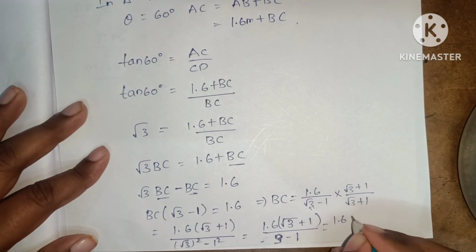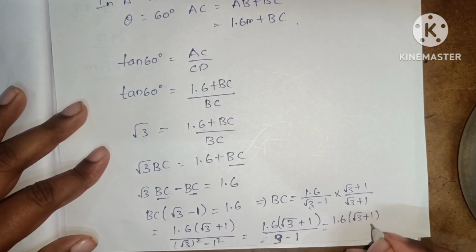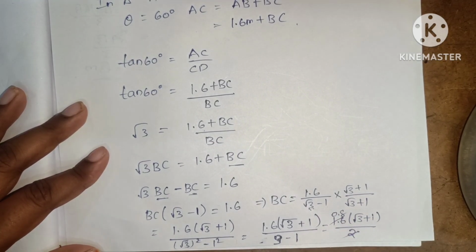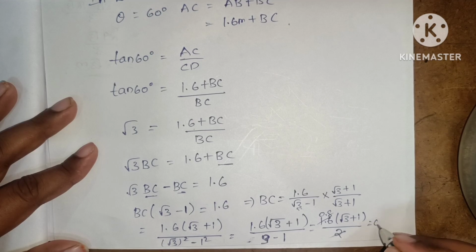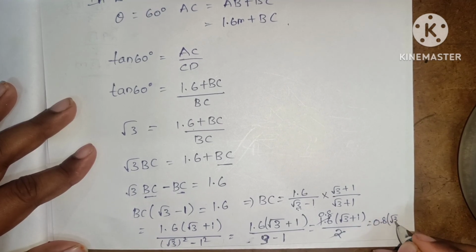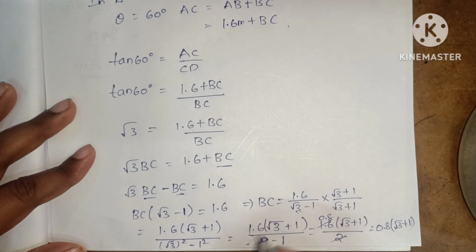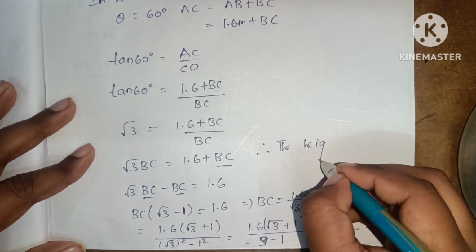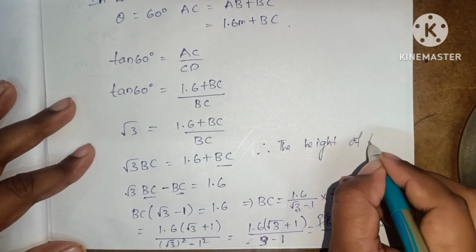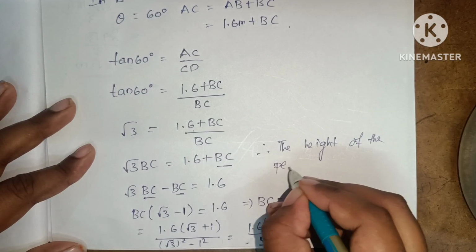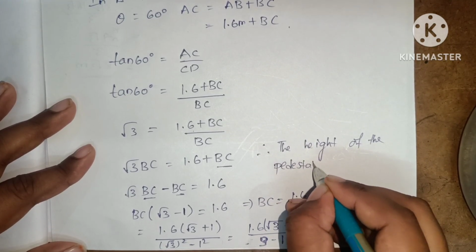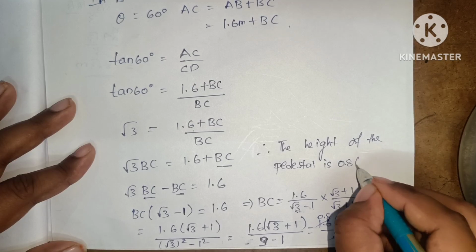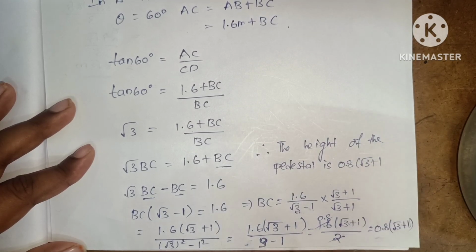That means 1.6 into (root 3 plus 1) by 2. 2 in 1.6 goes 0.8 times. So the answer is 0.8 into (root 3 plus 1). So the height of the pedestal is 0.8 into (root 3 plus 1).